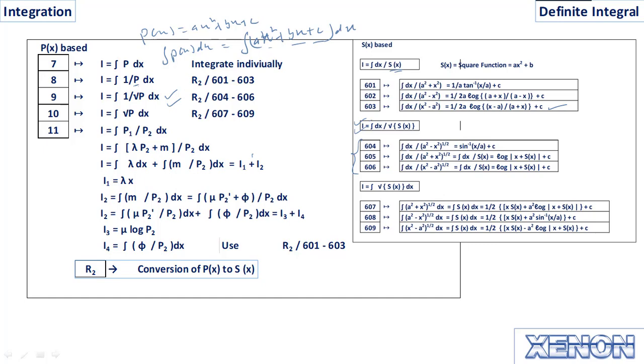So when we are getting the equation in the form of dx upon square root of a square minus x square, we will get the integration as sine inverse x upon a plus c. When we will have the integration of the form of dx upon a square plus x square to the power 1 upon 2, we will get the integration as log x plus sx plus c, right?